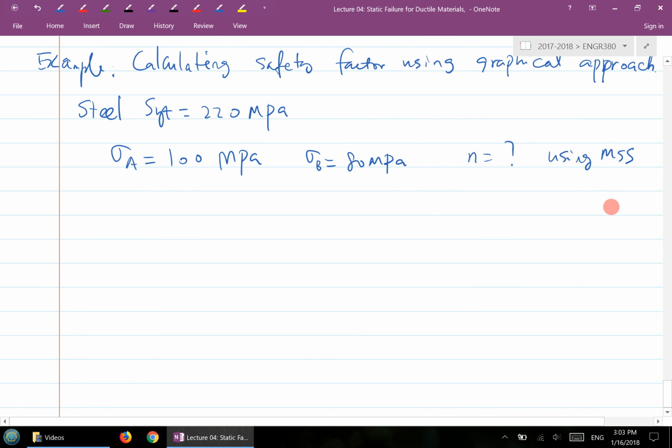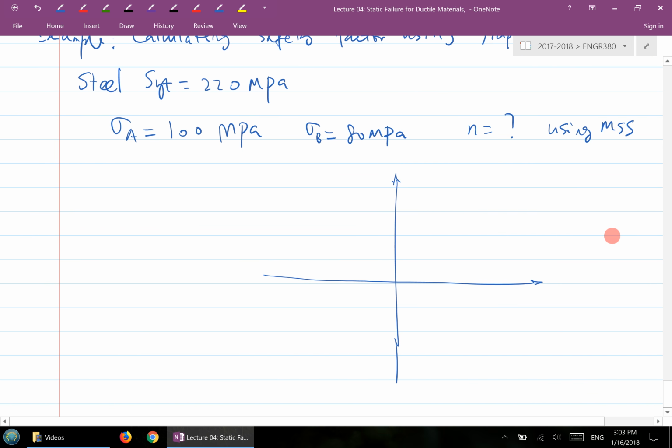That's almost impossible, but let's assume that's the case. So here's what you would do graphically. Draw the sigma A, sigma B coordinate system, and then you can see that your SYT is 220 megapascals.